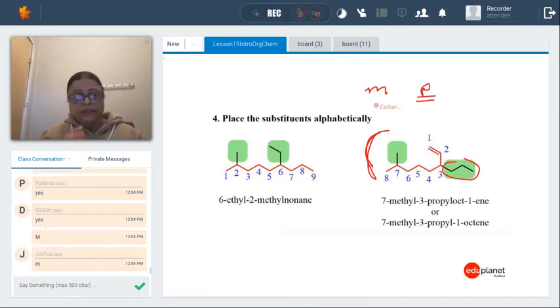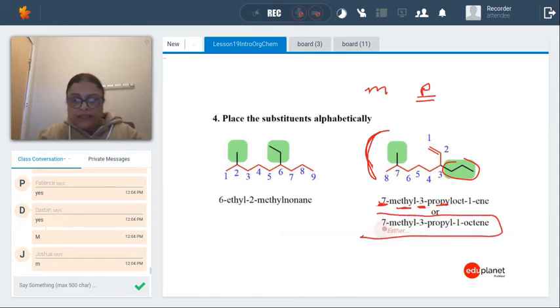A, B, C, D, E. The M. So this will be 7-methyl, 3-propyl, 1-octene. Why 1-octene? Because the double bond starts at carbon number 1. So that's what the molecule tells you, 7-methyl. Now I'm making such a mess. I don't know if you can see it.